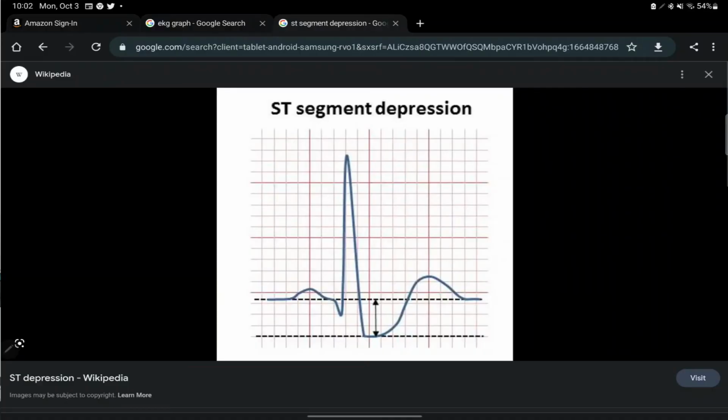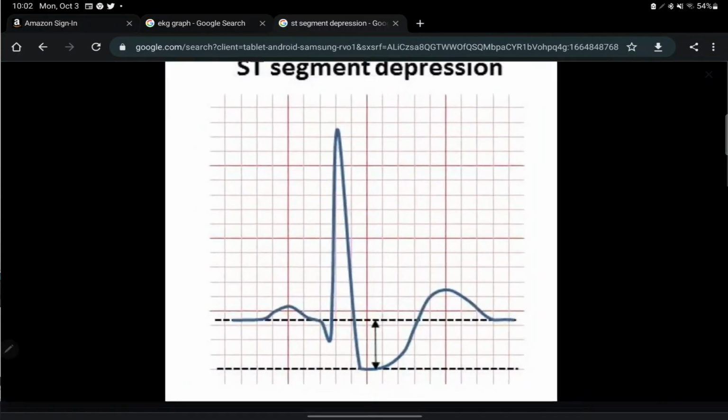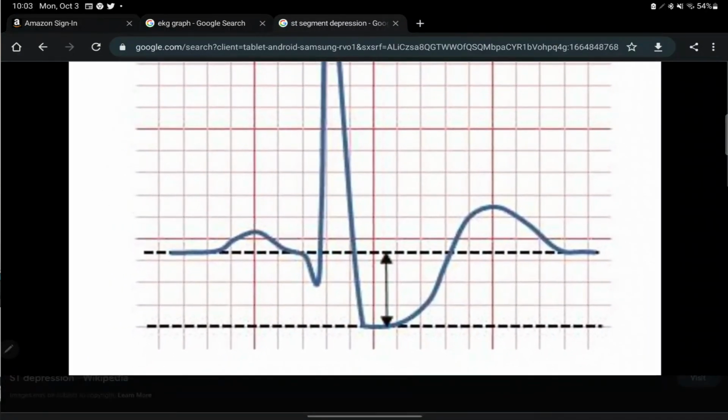And when you see the ST segment, or isometric line after the QRS complex, depressing or falling below the line of the PR segment, that is ST depression, and this may indicate myocardial ischemia.